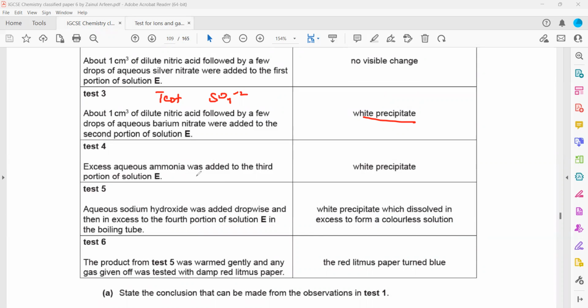Excess aqueous ammonia was added and a white precipitate formed.